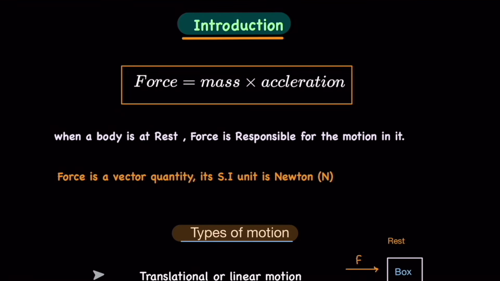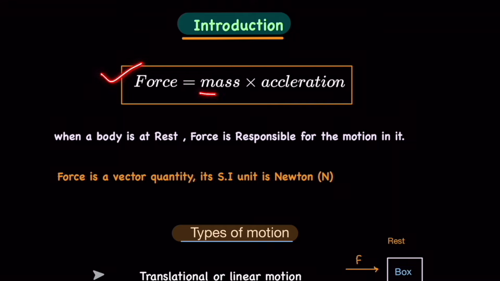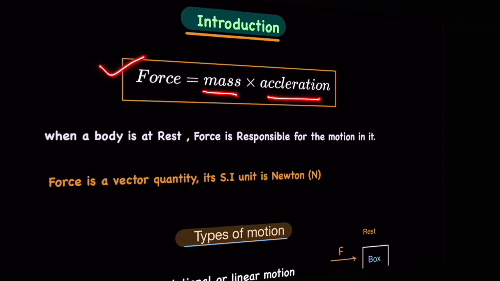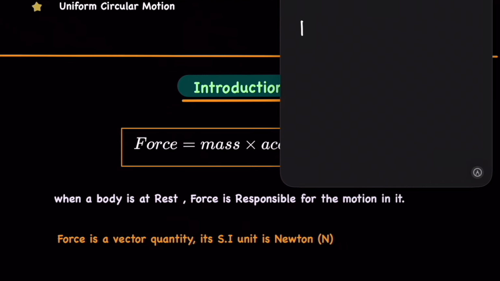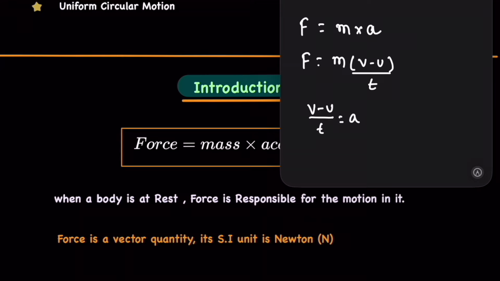In ninth grade physics, you studied Newton's second law. From Newton's second law, we derived the formula force is equal to mass into acceleration, F is equal to m into a. By applying Newton's second law, we know that F is equal to m into (v minus u) divided by t, and (v minus u) by t is equal to acceleration.